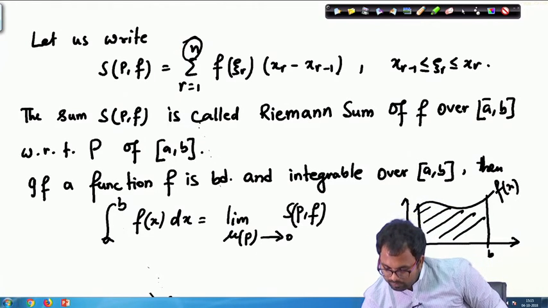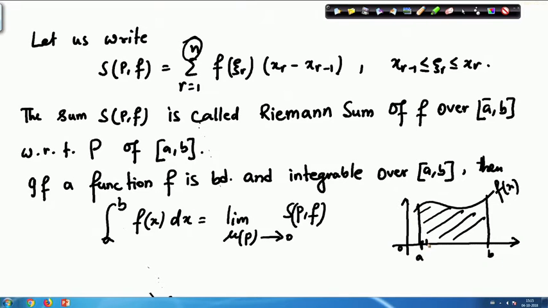And if you take your x1 here, then in that case, this area here, if you take a really large number of subintervals, then these small areas are actually converging into rectangles. And in this formula, f(xi_r) times (x_r minus x_{r-1}), if you forget about the summation, this is basically the area of one such rectangle.